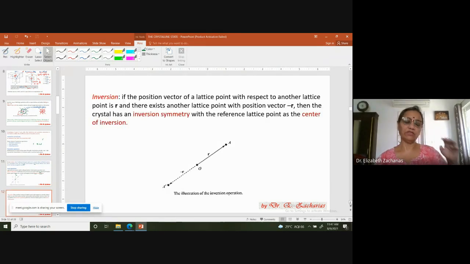Now let's move to another point symmetry called inversion. Look at this picture here.